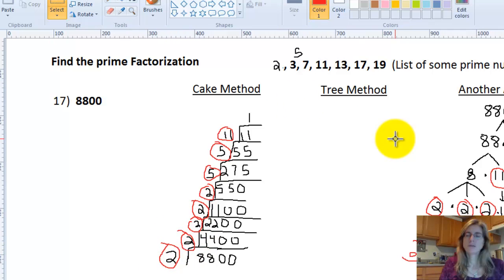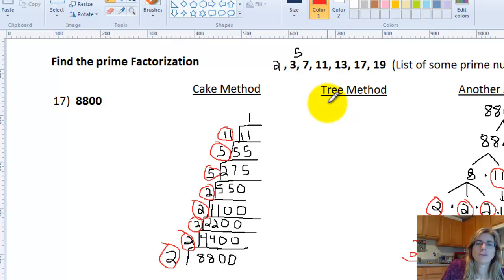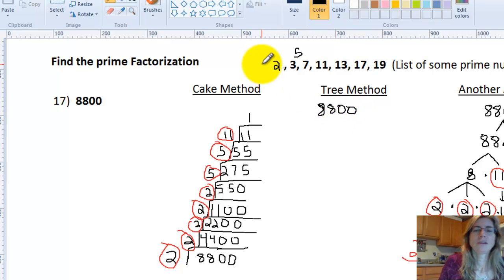The tree method is going to look a lot like this method, but the tree method will be done in order instead of in any old order. So if you start with 8800 at the top, I think of what times 2 is 8800. Instead of saying, does 2 go into 8800?